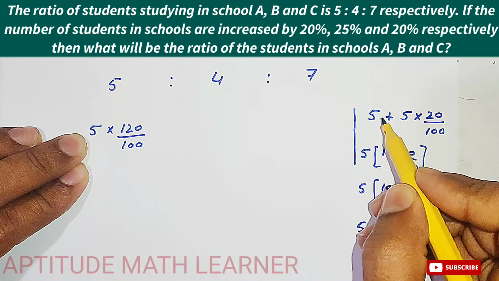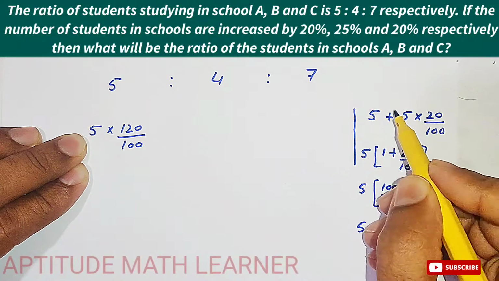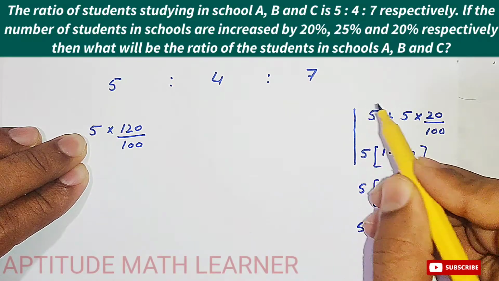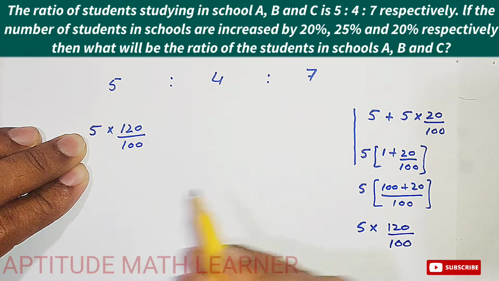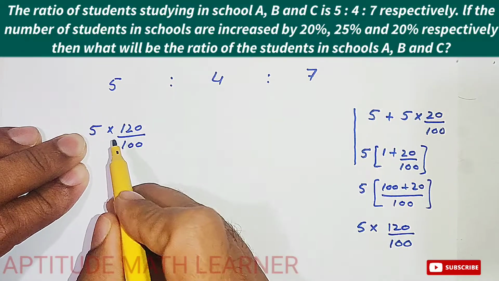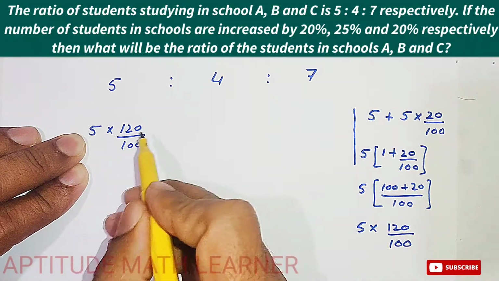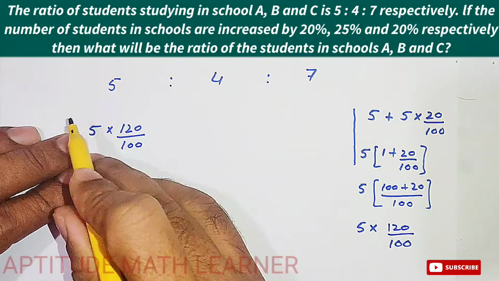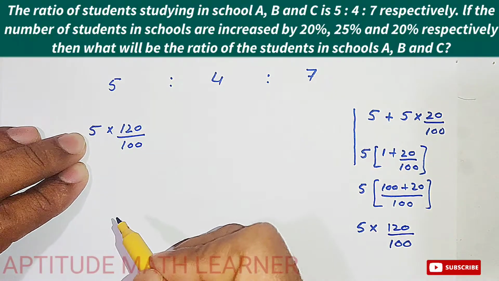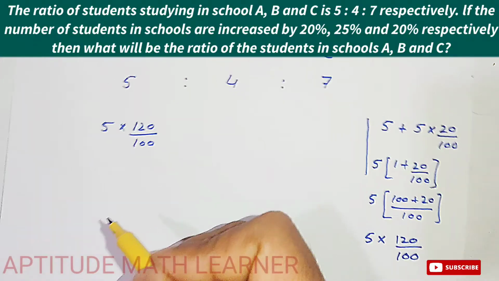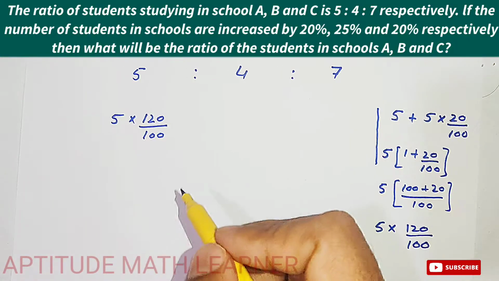And now for the 20% we directly write 120 upon 100. This will be a very useful method to solve it in the fastest way.